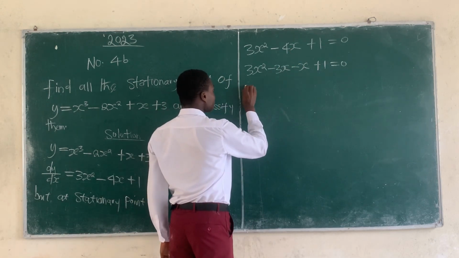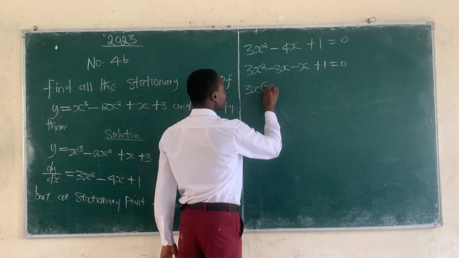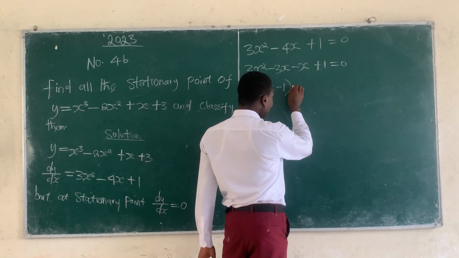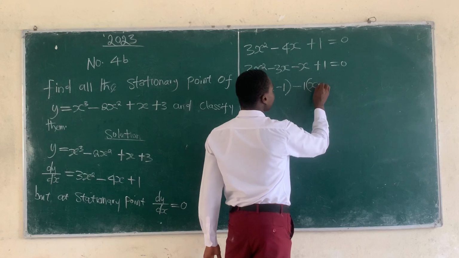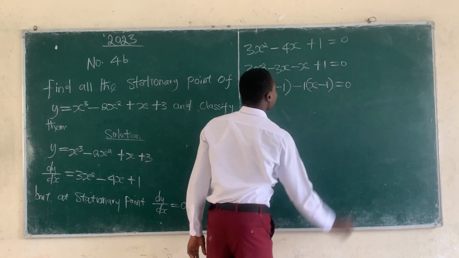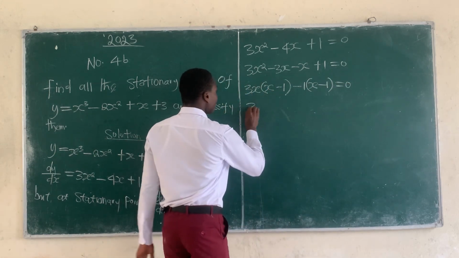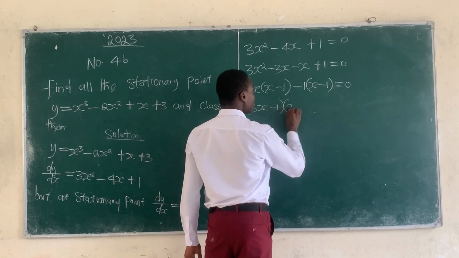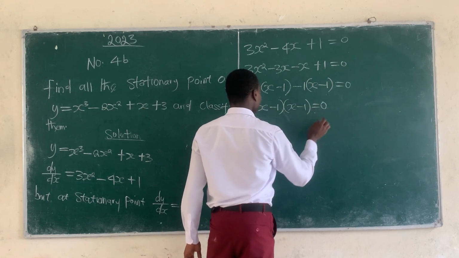So let's factorize this. We have 3x into x minus 1, then we have minus 1 into x minus 1 equals 0. So we have 3x minus 1 into x minus 1 being equal to 0.